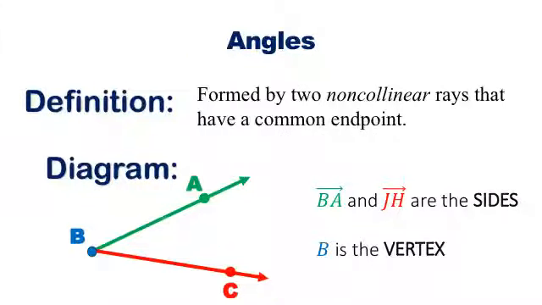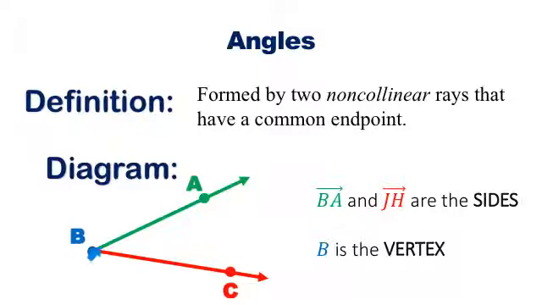So now that we know what rays are and opposite rays, we can finally dive into what angles are, because angles are formed by two non-collinear rays, right, not on the same line, that have a common endpoint. So notice how if I look at this angle, we're really dealing with two separate rays.